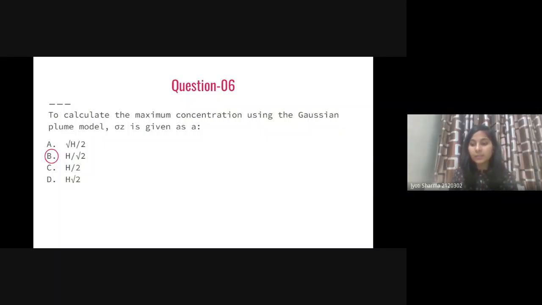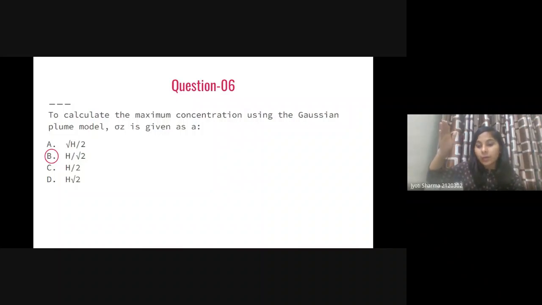So if you go in the horizontal direction, your concentration will be diluted and lower. Here we are assuming that y is equal to 0, and the standard deviation in the y direction is also 0. But if we are talking about z, the vertical direction, it may be possible that at some height you have the maximum concentration. But at what height? We have to calculate.